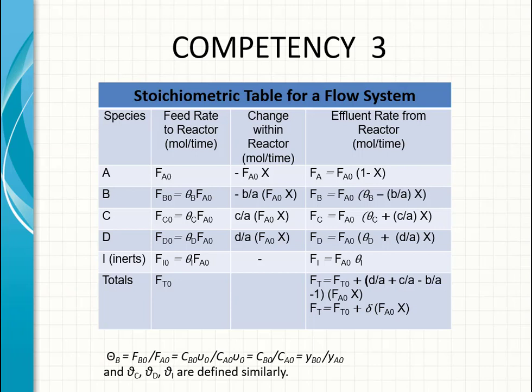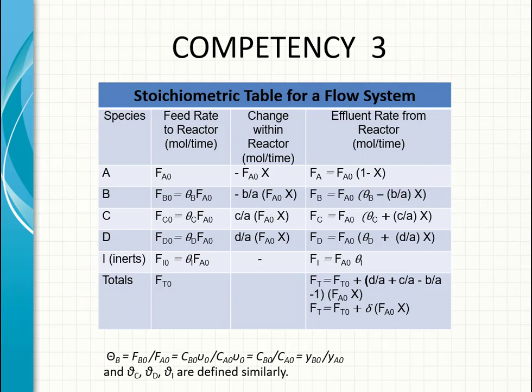For B, we will have minus the stoichiometric coefficient of B divided by the one of A times FA0 times X, and a similar expression for C and D, taking into consideration that those are products, so the change is positive and not negative.